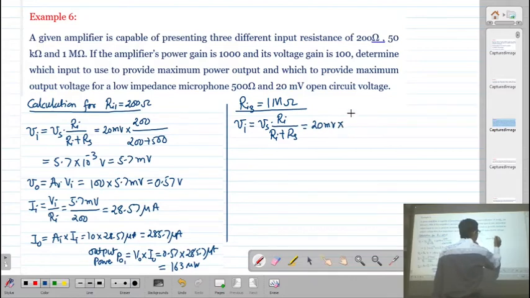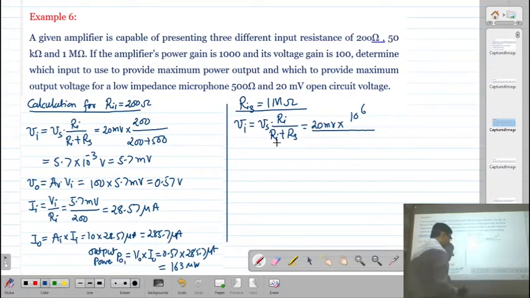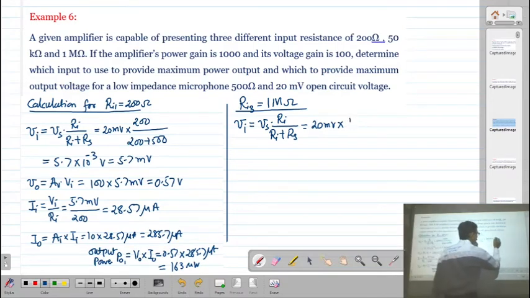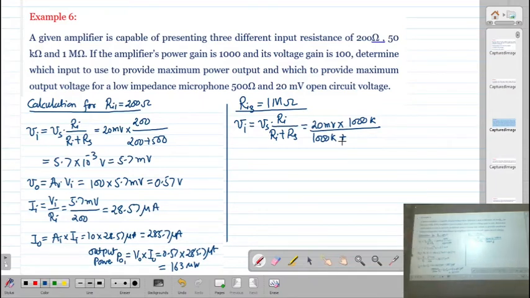Now my input resistance is 1 megaohm, so it is 10⁶, or we write this as 1000 kilo ohm, divided by Ri which is 1000 K plus my source resistance Rs, already you know that is 500 ohm.